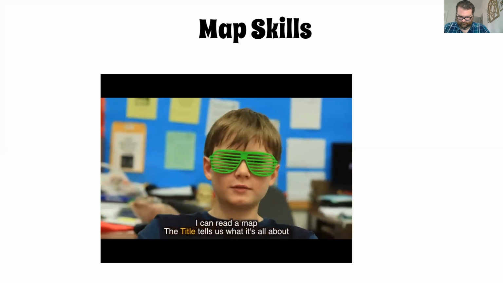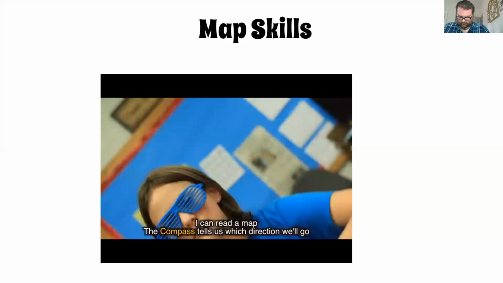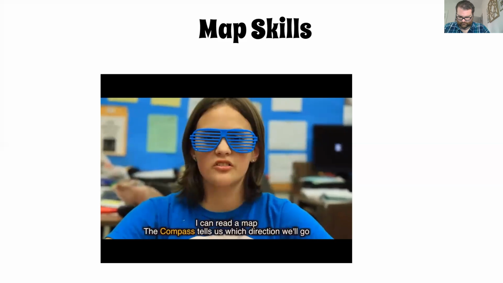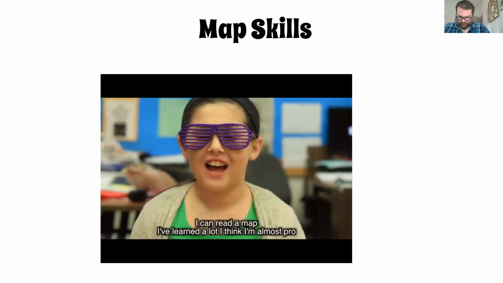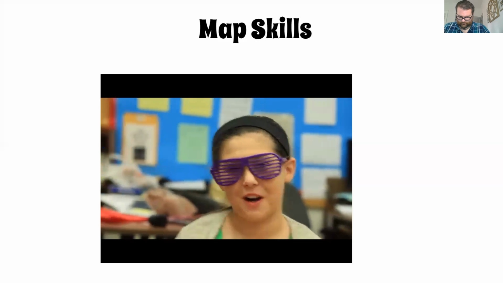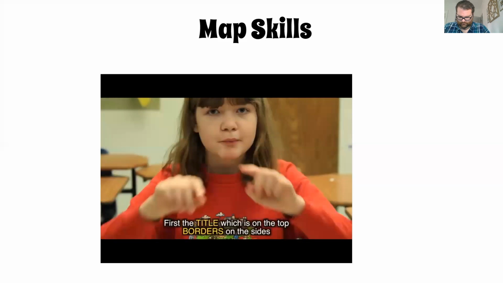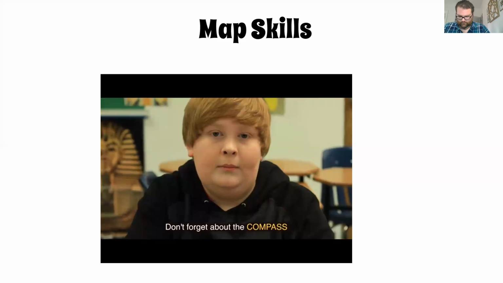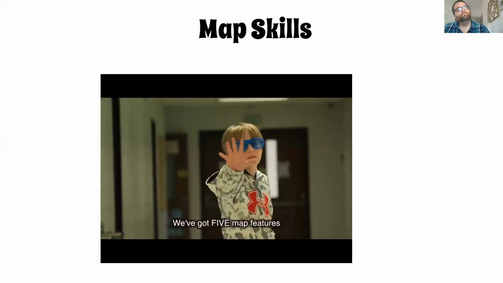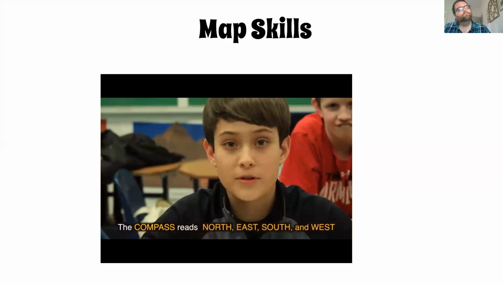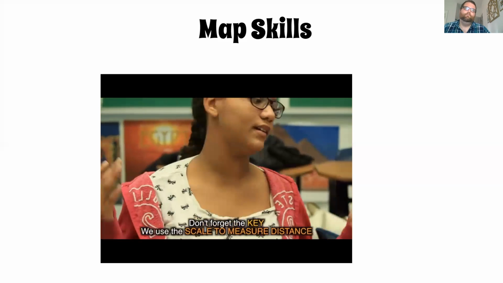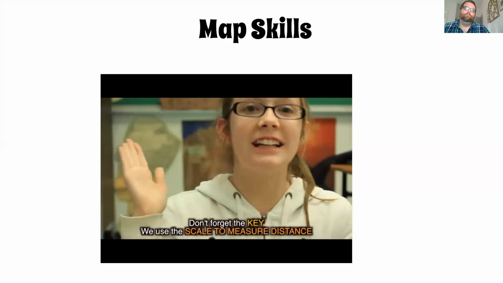The title tells us what it's all about. I can read a map. The compass tells us which direction we'll go. I can read a map. I've learned a lot. I think I'm almost a pro. We've got 5 map features. First the title, which is on the top, borders on the side. Don't forget about the compass. We've got 5 map features. Compass reads north, east, south, and west. Don't forget the key we use to scale the measured distance.